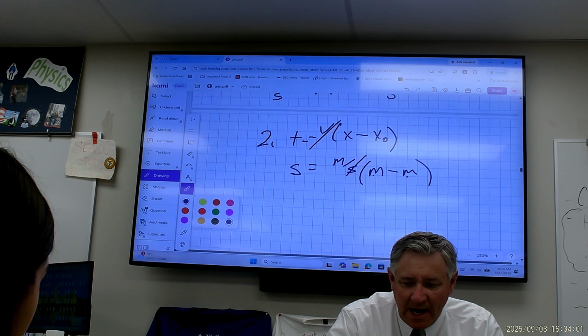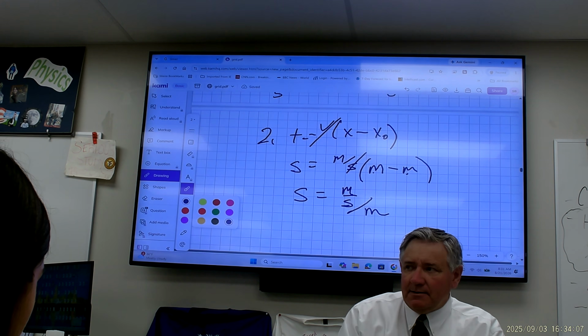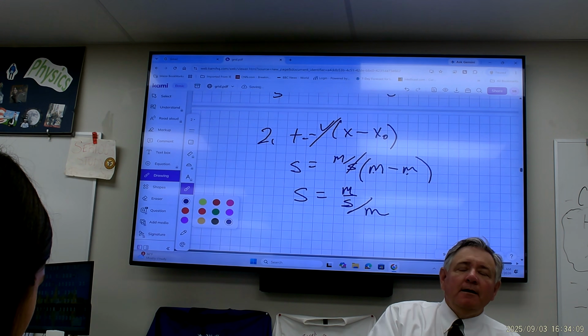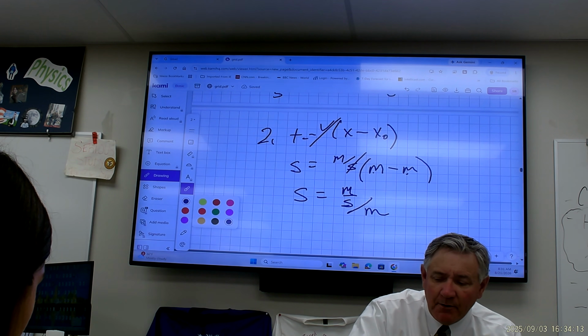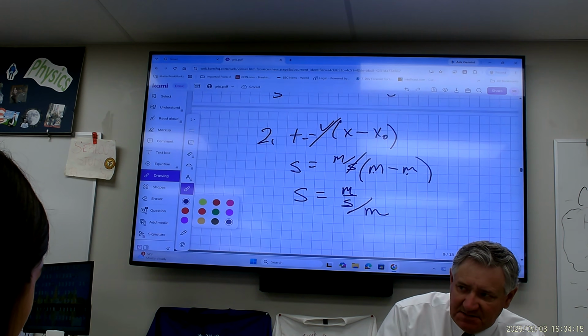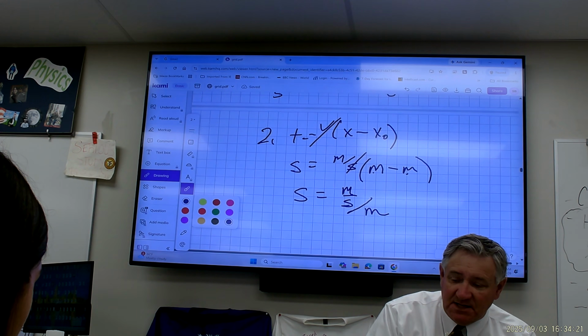Meters. So what I would do is regroup and go, okay, that's meters per second divided by meters. Now, if it were me, I would not divide by meters. I would multiply by the reciprocal. Okay? This is a process.